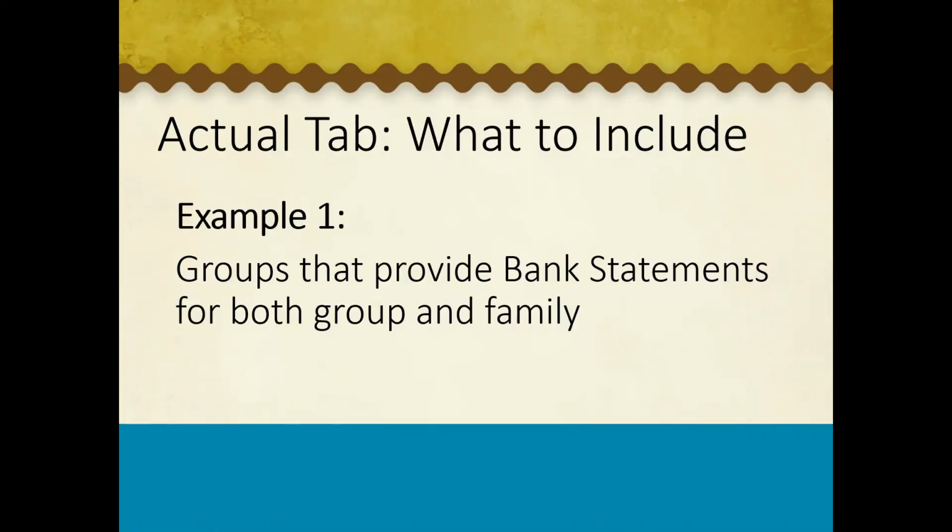So example 1, this is for groups that, a group that might provide bank statements for both the group and the family. So there's a lot of detail there of what exactly is being spent, assuming that the family is using their debit cards for most things, or are taking money out from their bank account. So this is for groups that have been able to obtain that, and that the family is comfortable with sharing that level of sharing.